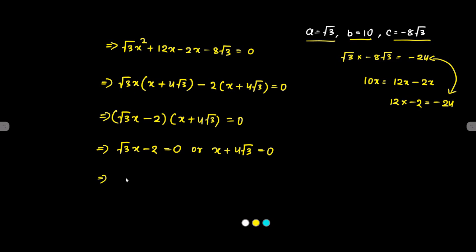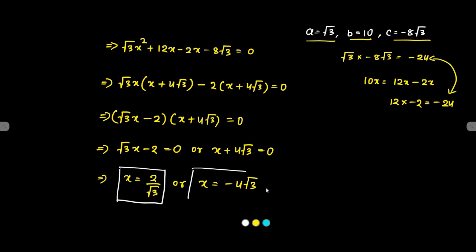That implies x can be equal to 2 by root 3 or x can be equal to minus 4 root 3. Okay, so these are the two roots, the possible solutions of the quadratic equation.